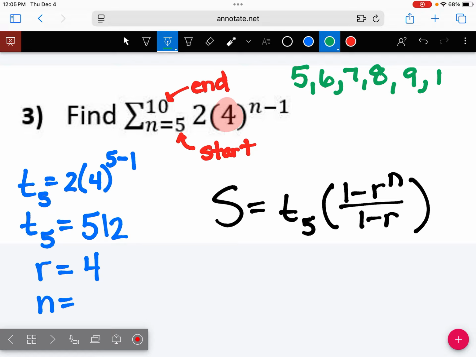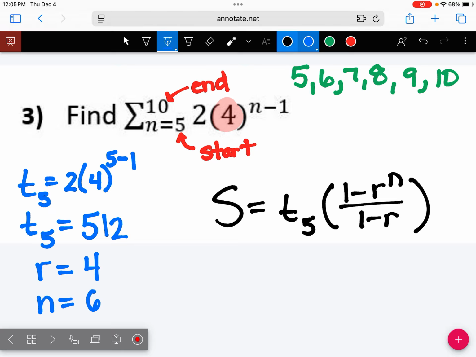If I start at 5 and I count up to 10, there's 6 numbers. There are 6 numbers. When you subtract, you don't include the first. But I need to include that number. I'm adding the 5th to the 6th to the 7th to the 8th to the 9th to the 10th. So n is 6.